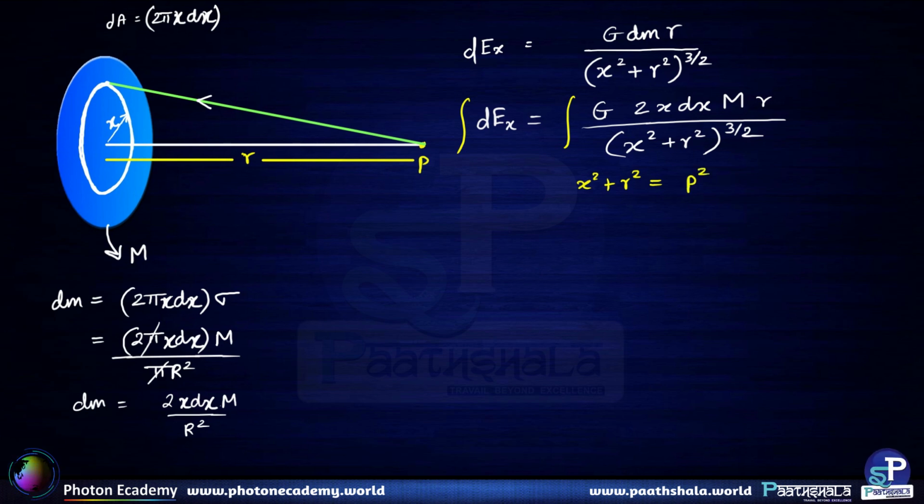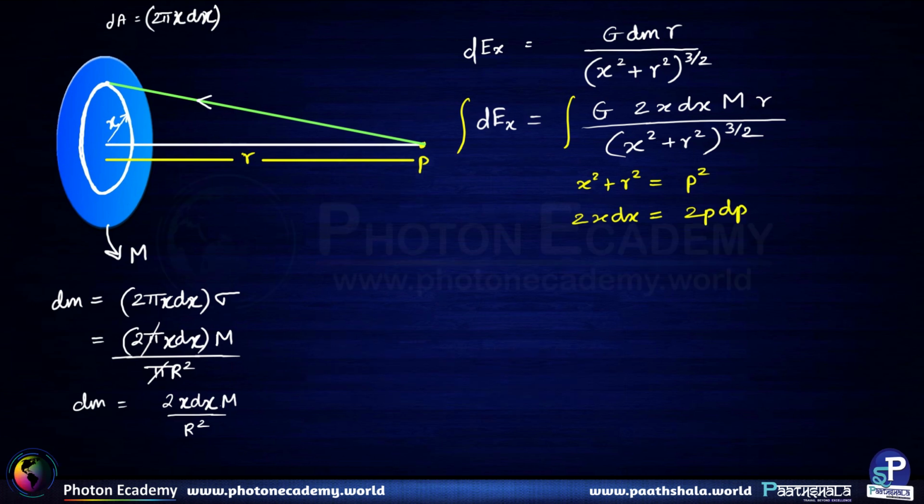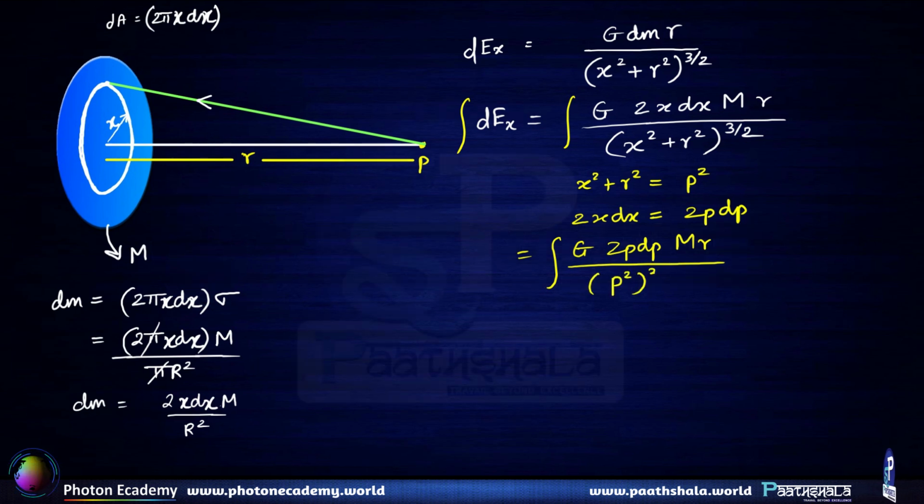If we put this, then we can write 2x dx as being equal to 2p dp. So this entire expression changes to the integration of g 2p dp into mr upon p square raised to 3 by 2.